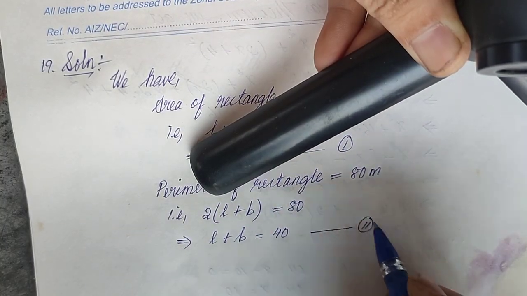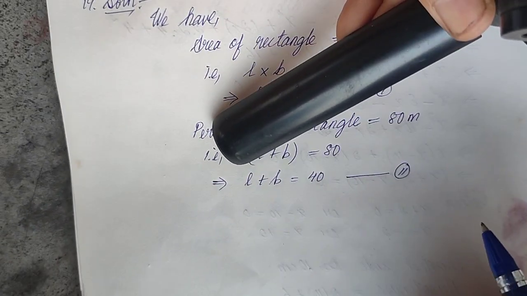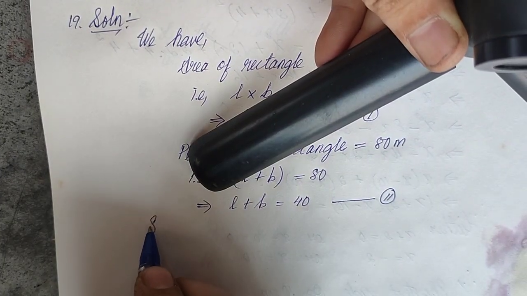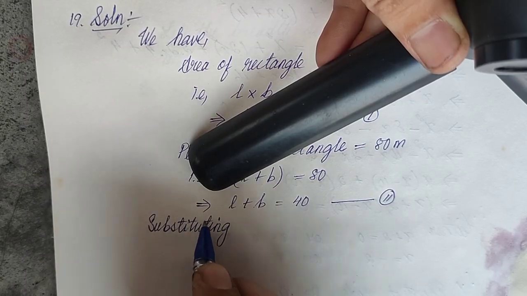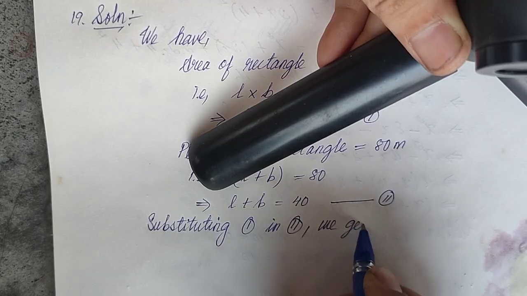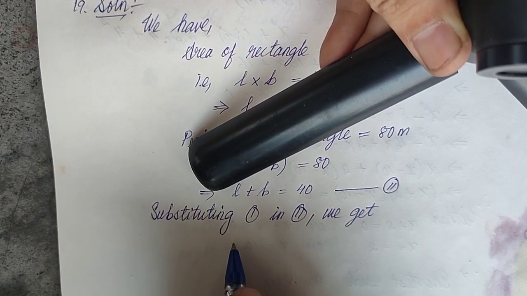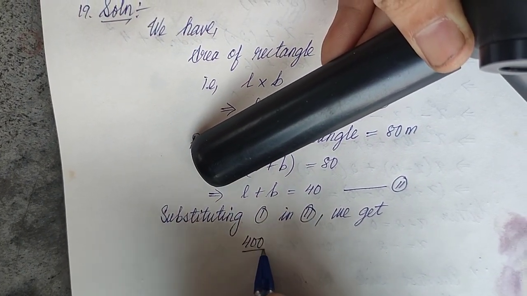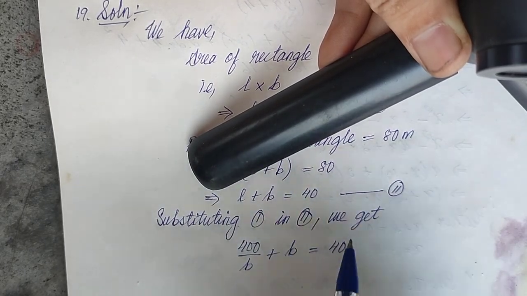Substituting equation 1 in equation 2, we get L equal to 400 by B, so 400 by B plus B is equal to 40.